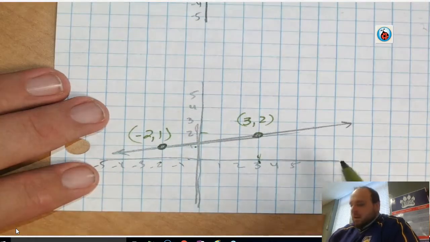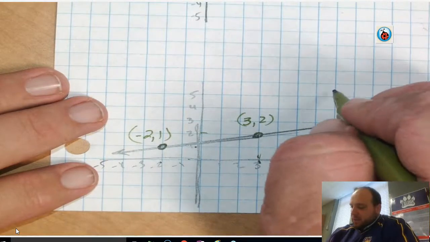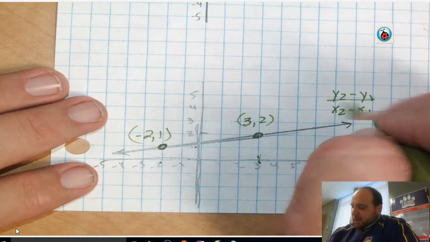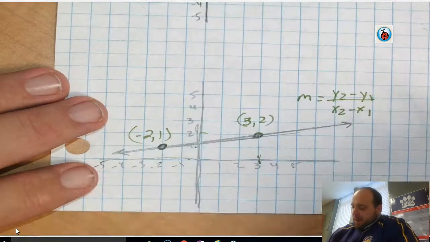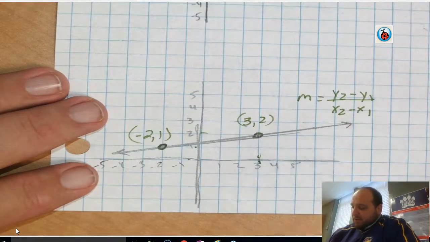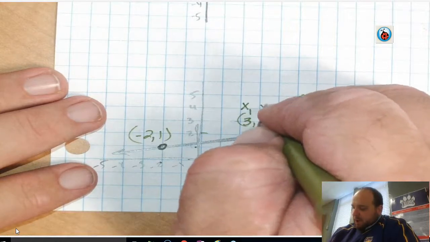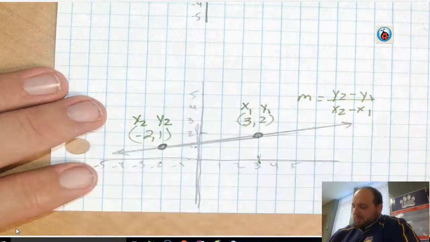Again, this is the x coordinate, this is the y coordinate. Now I'm going to use my slope formula again, y2 minus y1 over x2 minus x1, and that's what my slope is equal to. I'm going to label them x1 and y1, x2 and y2.